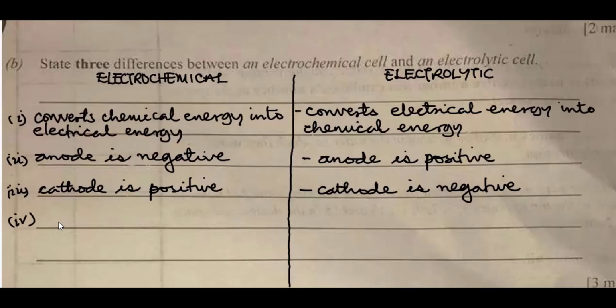In the electrochemical cell, there's the presence of a salt bridge, whereas in the electrolytic cell, you don't need a salt bridge.